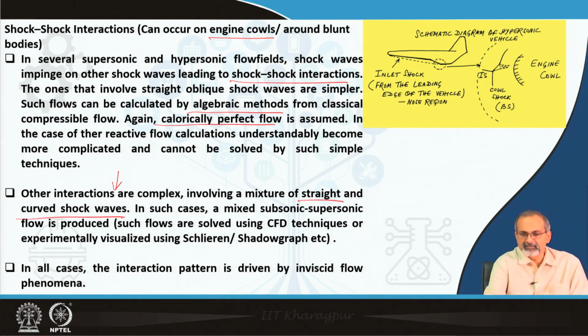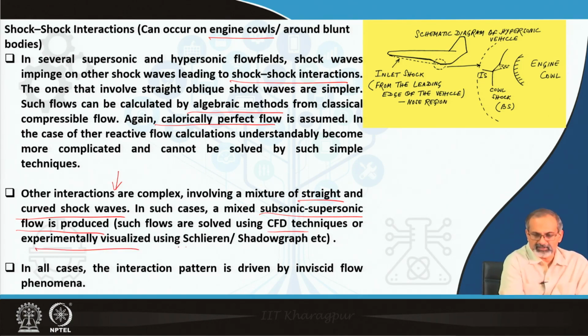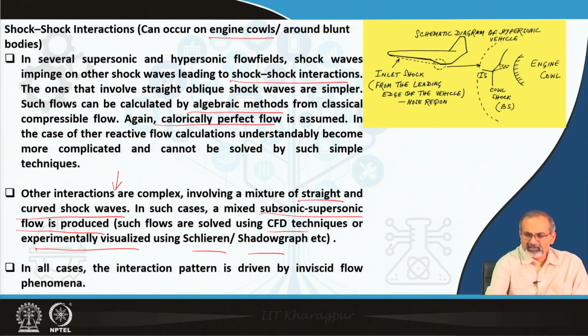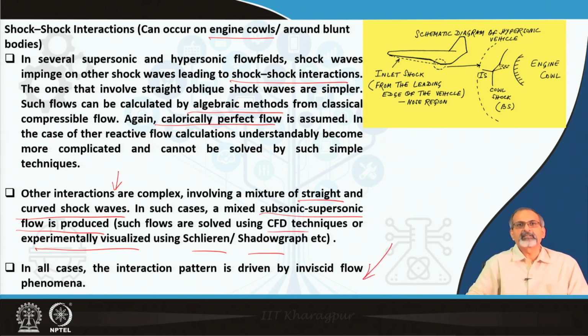In such cases, mixed subsonic supersonic flow is produced in the flow field, and such flows can be solved using CFD techniques, or they can be experimentally visualized using Schlieren or shadowgraph, and therefore either computing or experimenting such flows is more complicated. Here for simplicity we are considering the interaction patterns which arise due to these shock-shock interactions to be inviscid in nature.